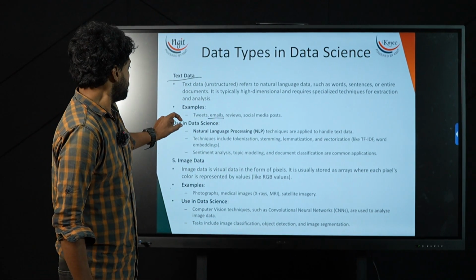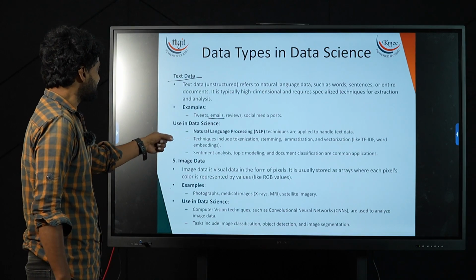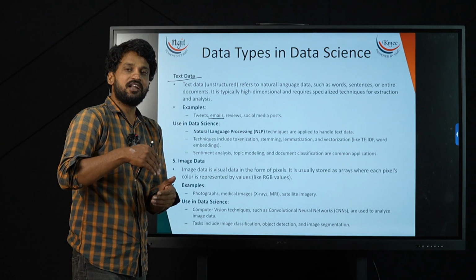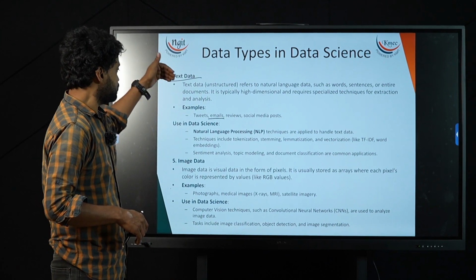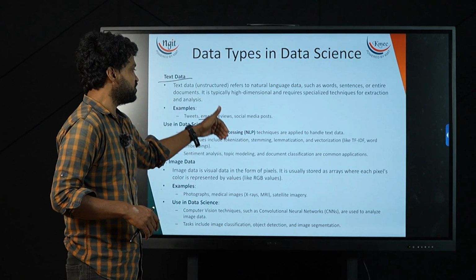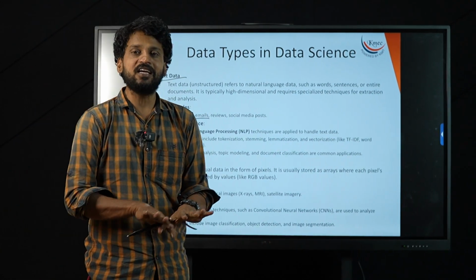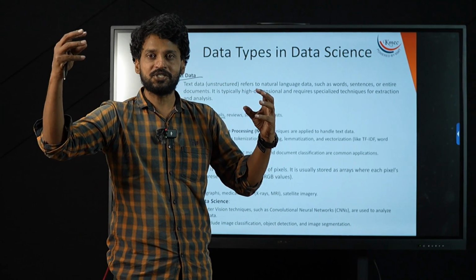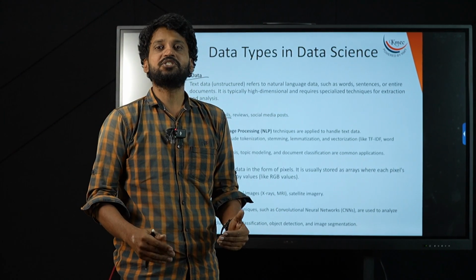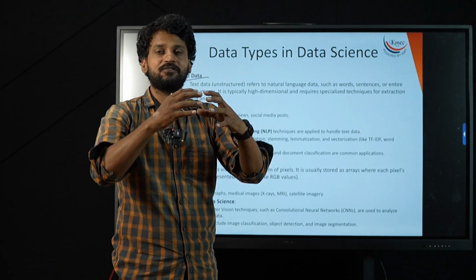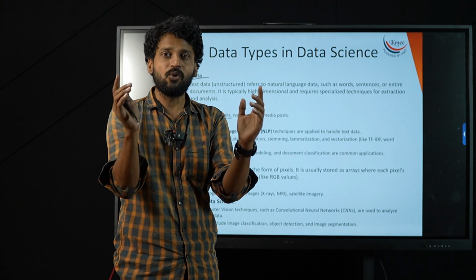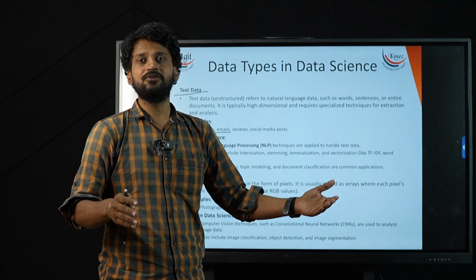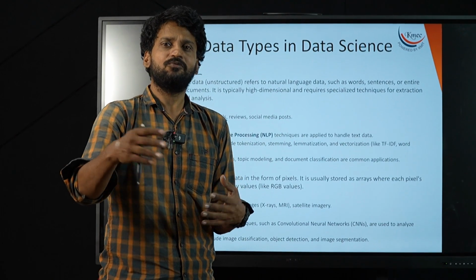So, to process the text data, we use something called natural language processing techniques. These natural language processing techniques, such as tokenization, stemming, lemmatization, and vectorization, will be able to segregate the data into the respective categories, because whenever we are dealing with the text data, it's a collection of several data tokens together, maybe statements or tables or the values, discrete values or whatever.